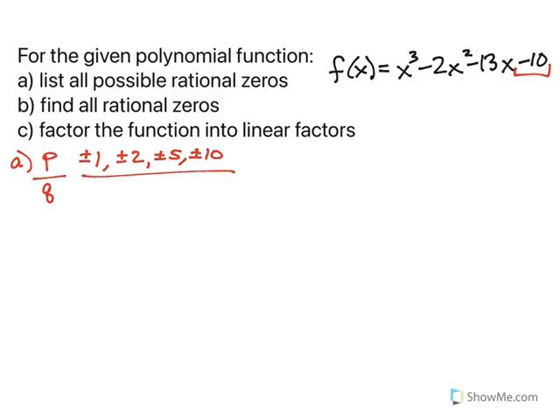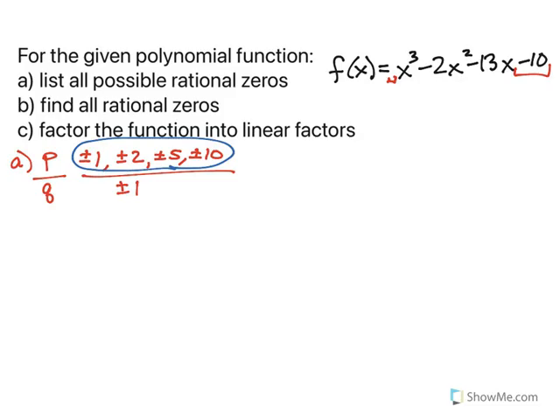Divided by Q, where Q is the coefficient of the leading term, or the leading coefficient, and that's a 1, so that's just plus or minus 1. So you'll notice, because we're dividing by a plus or minus 1, we're not going to have any ugly fractions here for possibilities. So we just have 8 possibilities, these numbers plus or minus, that are in the numerator.